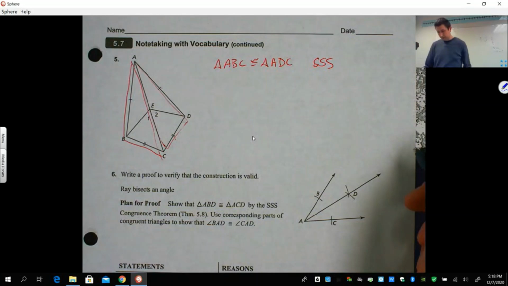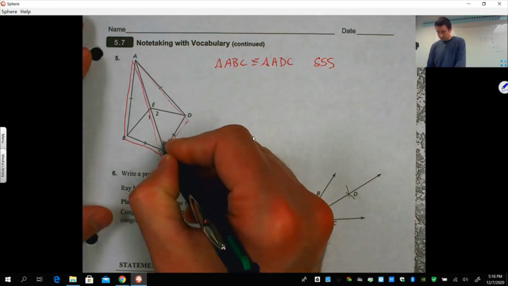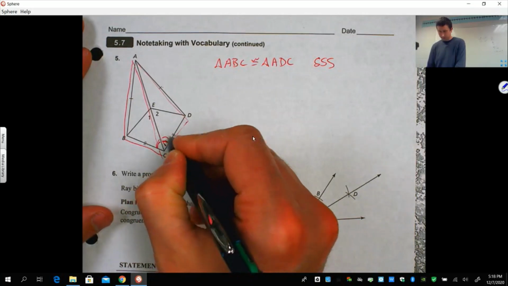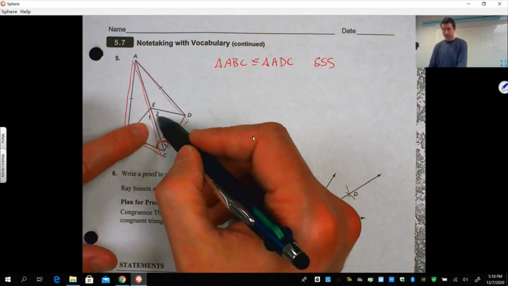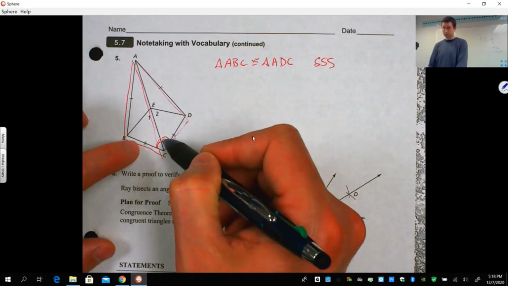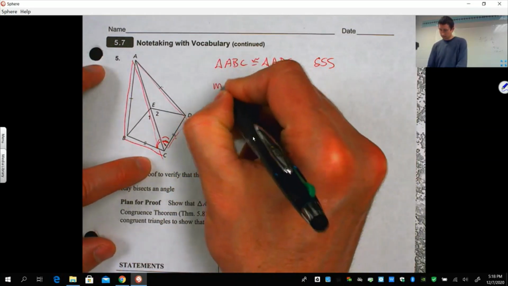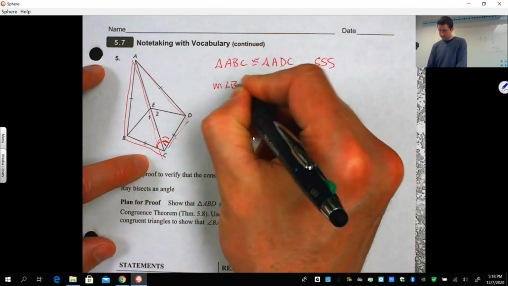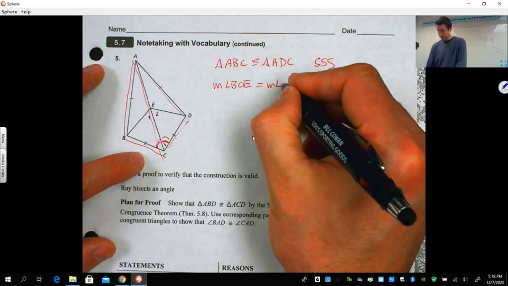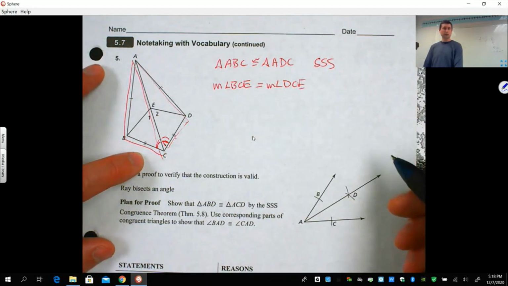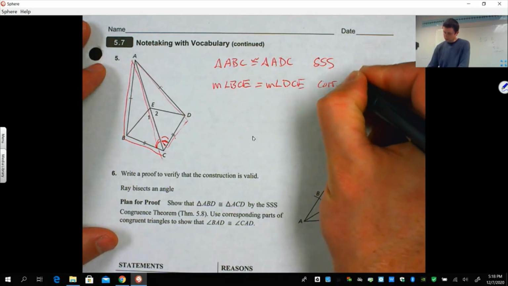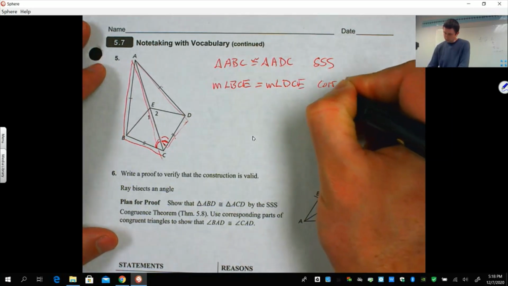So what that tells me then is these angles do have to be congruent. So these are corresponding parts down here. Okay, those triangles don't use angle 1 and angle 2. But these angles here are common to both triangles. So the measure of angle BCE has to equal the measure of angle DCE. Or you take the measures off and you can say they're congruent. And that's because these are corresponding parts of congruent triangles.